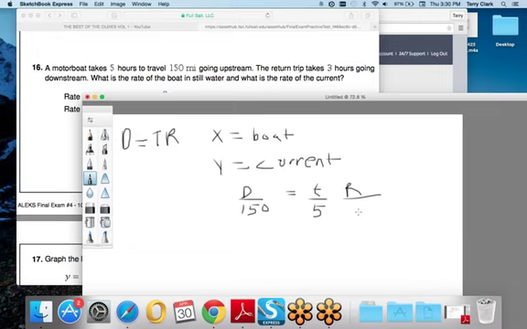And the rate is going to be, if it's going upstream, we can add the two speeds together, because if it's going upstream, the speed of the boat is actually being increased by the speed of the current. And we got the same 150 miles that we're coming back.